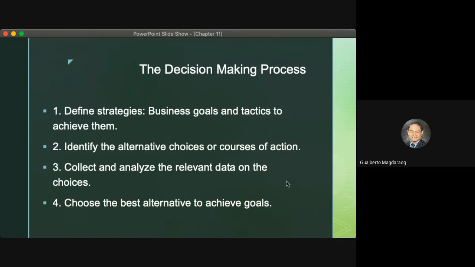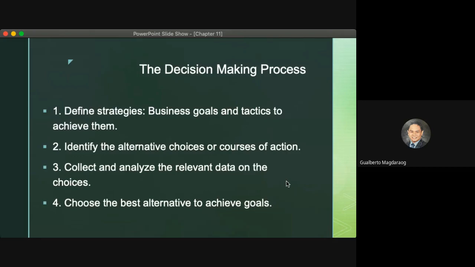So una daw, you define your strategies, business goals, and tactics to achieve them. Ano ba yung napili mong strategy, competitive strategy? Are you a cost leader or a product differentiator? So, at this point, dapat naintindihan na natin yun, no? Na yung cost leader, you want to maintain low cost and be a leader in the market.